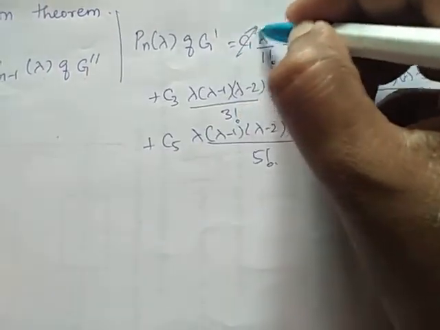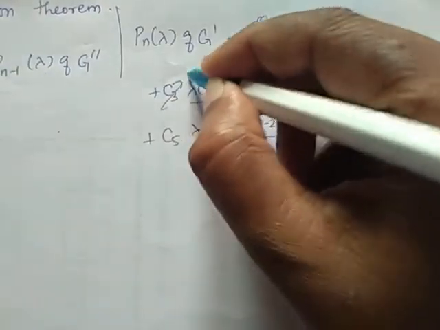So as I explained earlier, C1 is 0, C2 is 0, C3 is 0.